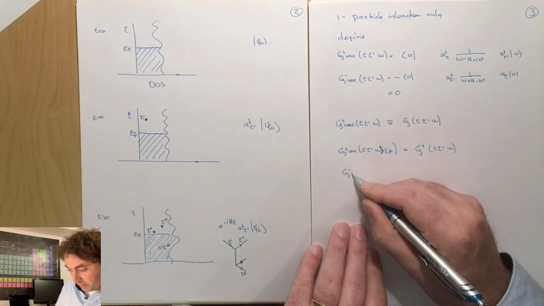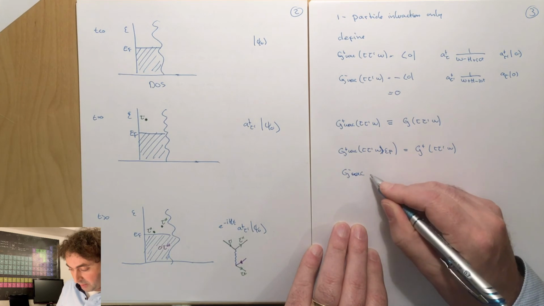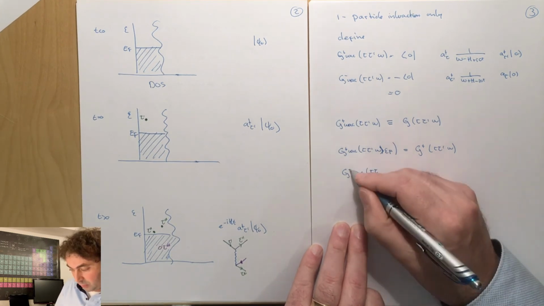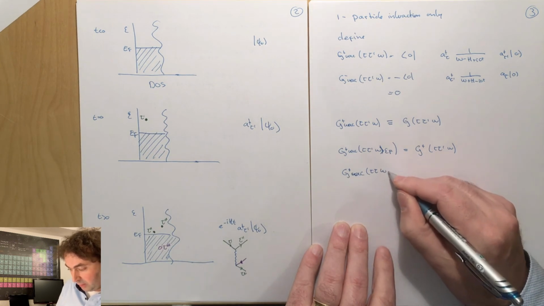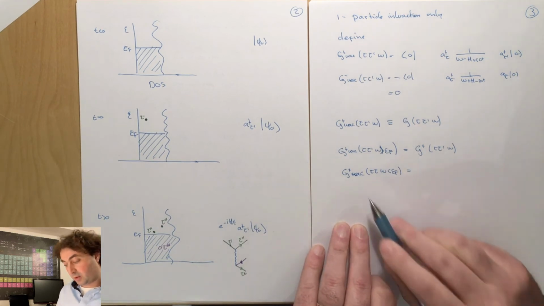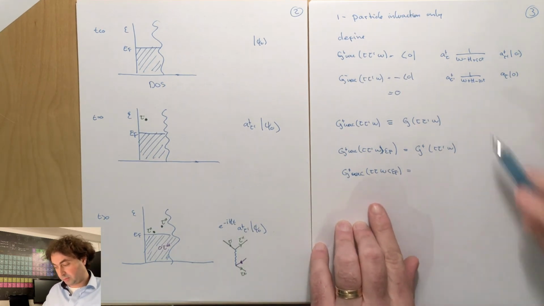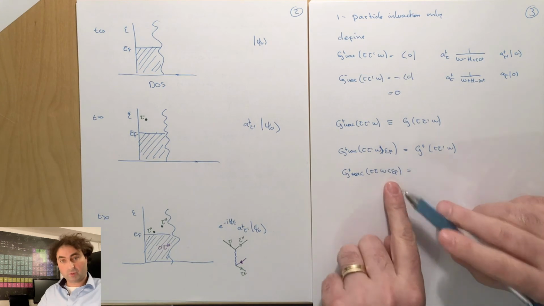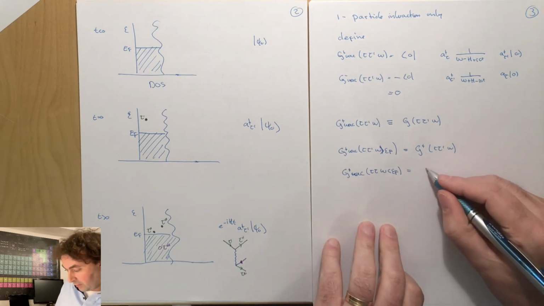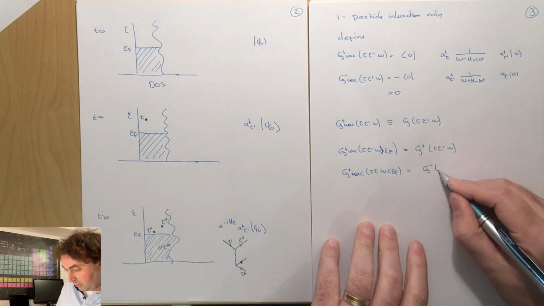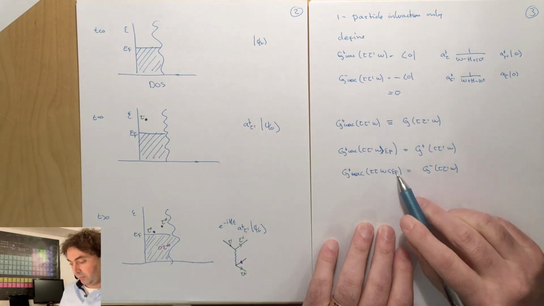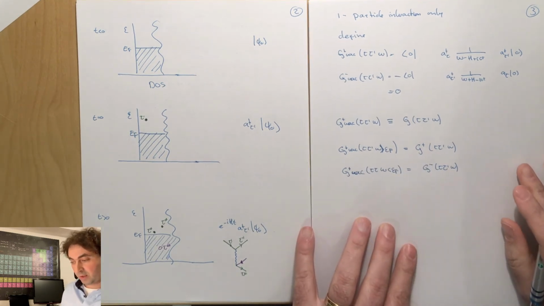And we can do a similar argumentation for G minus, G plus vacuum for omega smaller than epsilon F. And this now tracks the poles of our Hamiltonian, but now for the energies smaller than the Fermi energy. So this is going to be equal to G minus. But of course, the only claim here is that the poles have the same energy.